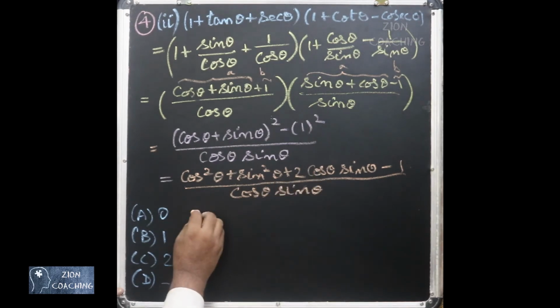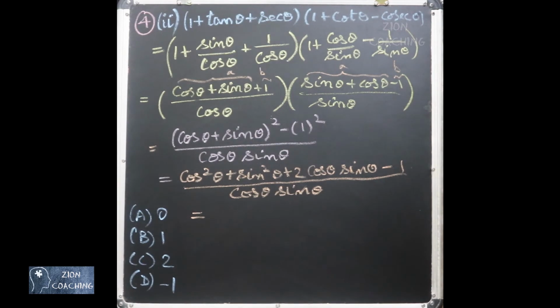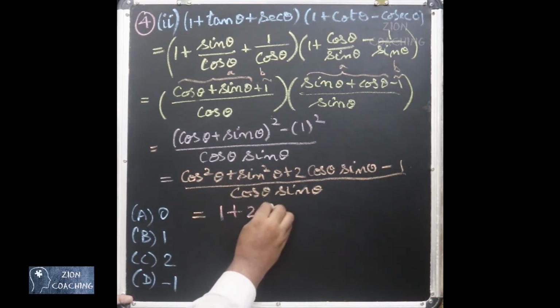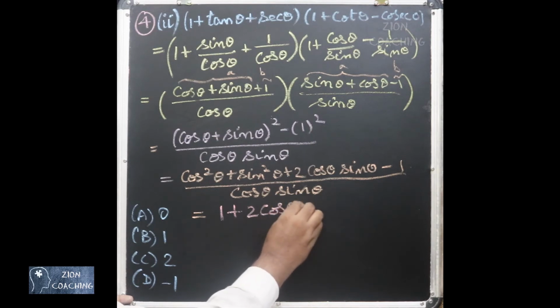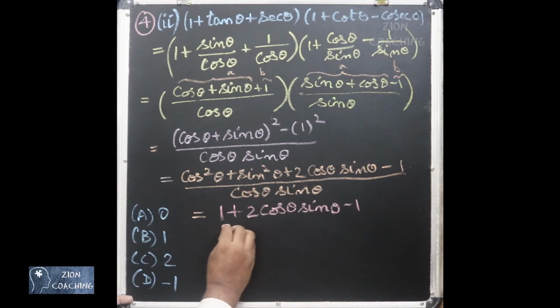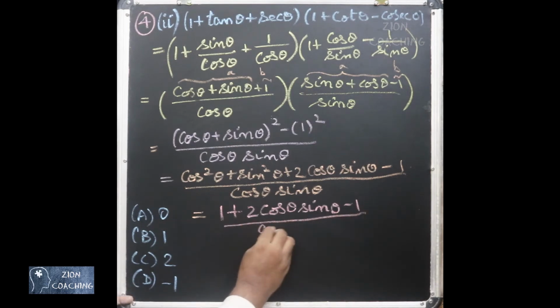Now you know that cos squared theta plus sin squared theta is equal to 1. So instead of cos squared theta plus sin squared theta, we can put 1, plus 2 cos theta sin theta, minus 1, by cos theta sin theta.